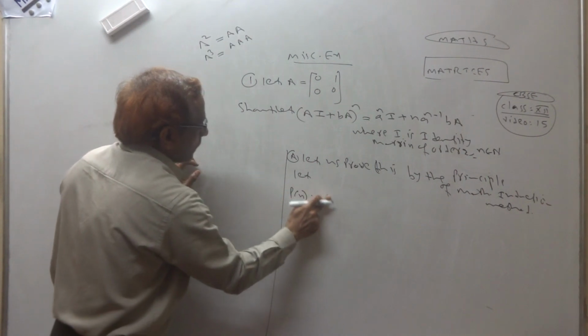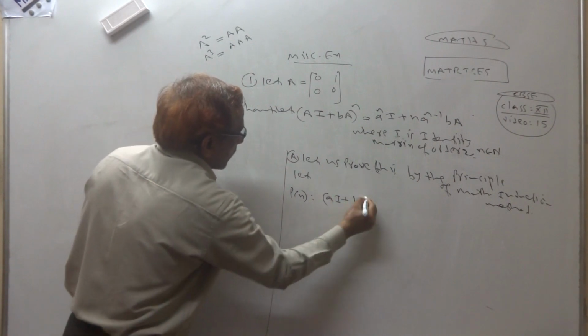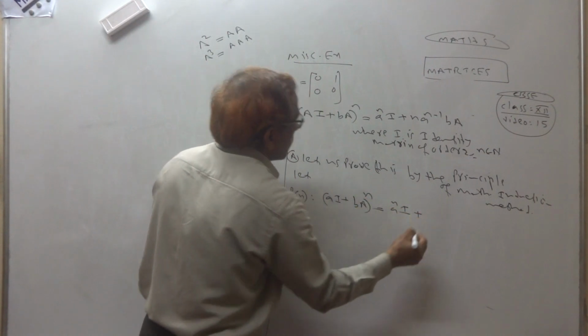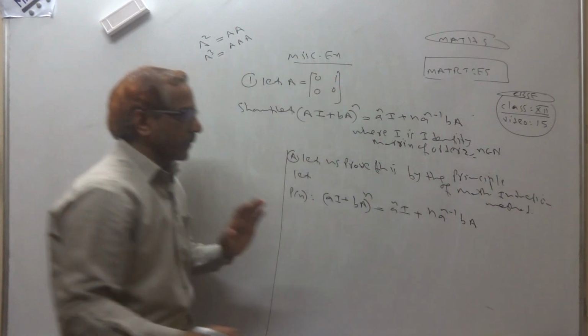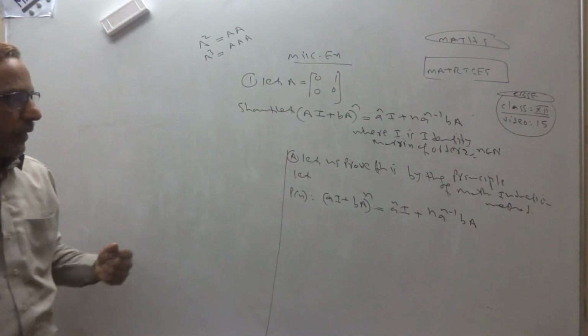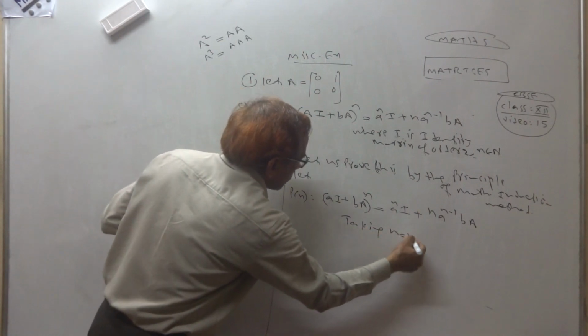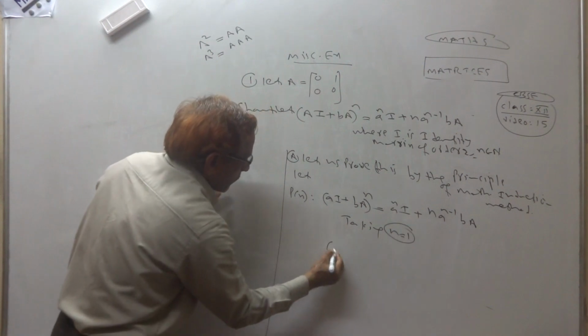What is P(n)? (A I + B A)^n is equal to A^n I + n A^(n-1) B A, where n is any natural number. First, taking n equal to 1, you check both the sides.